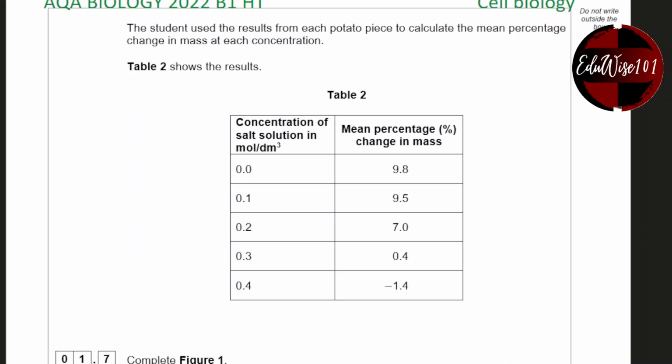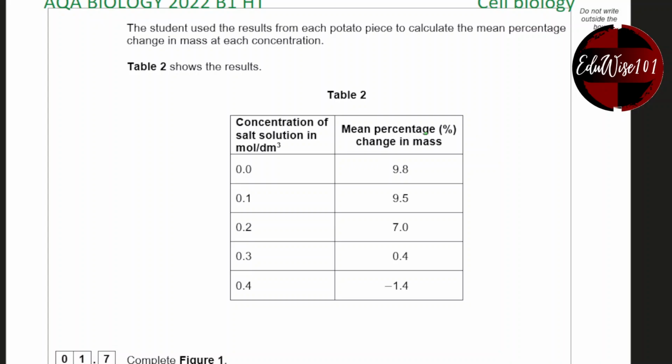The student used the results from each potato piece to calculate the mean percentage change in mass at each concentration. Table 2 shows the results. So you have the different concentrations of salt solutions starting at 0 and increasing by 0.1 mol per dm cubed all the way up to 0.4.